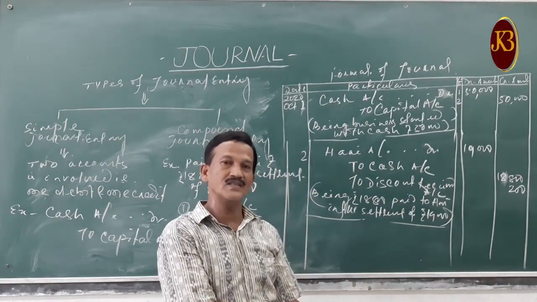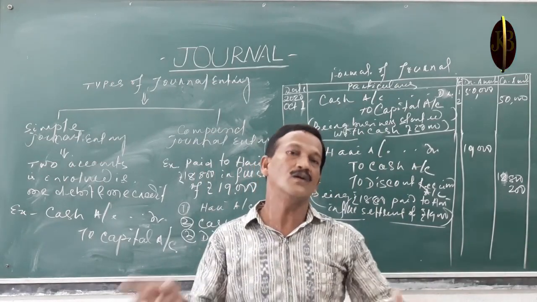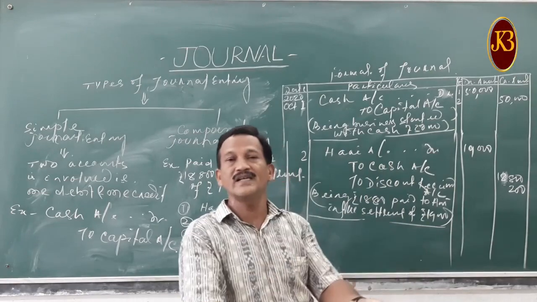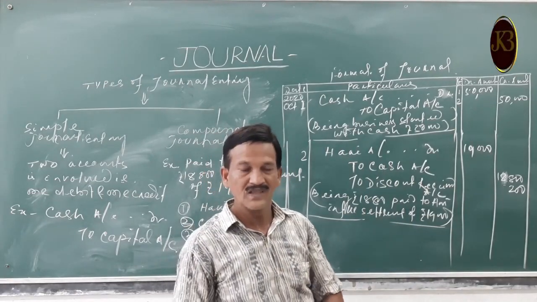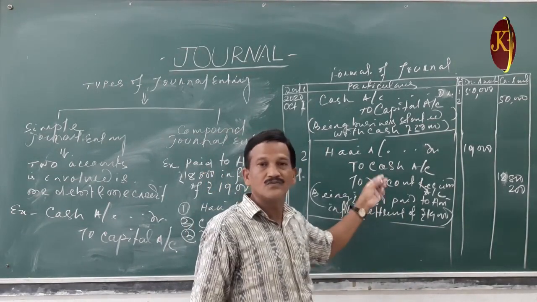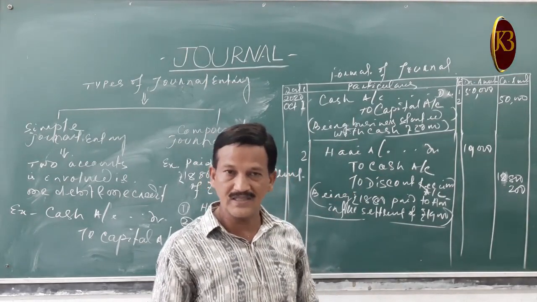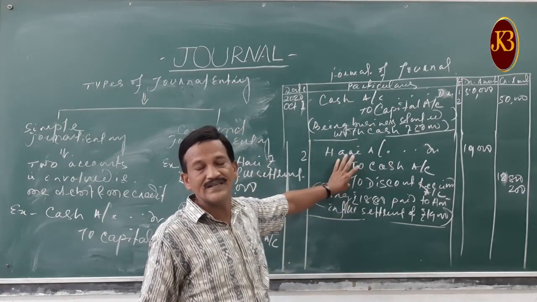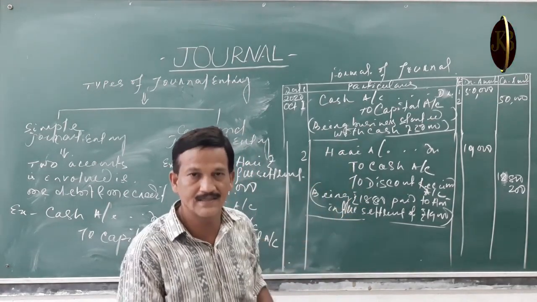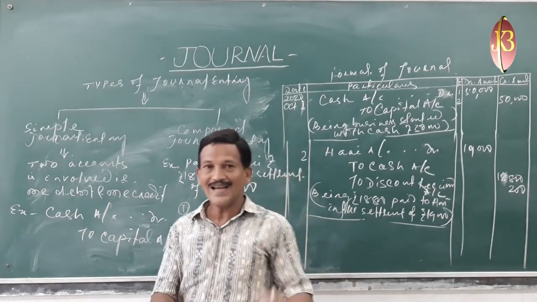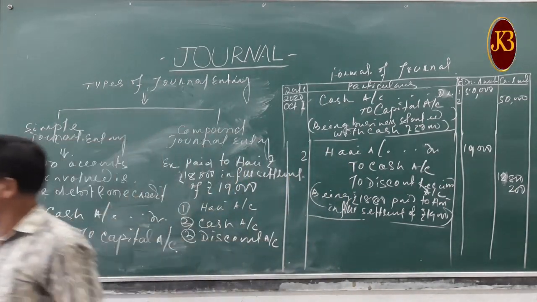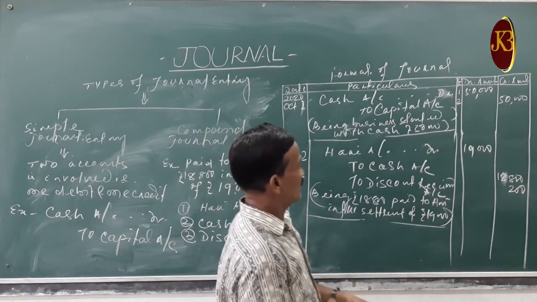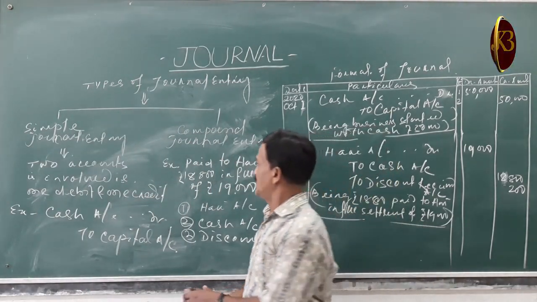So that means two accounts are debited and one account credited, or one account debited and two accounts credited, or two or more than two accounts are debited and one account is credited. This type of journal entry is called a compound journal entry. Next comes the types of different journal entries.